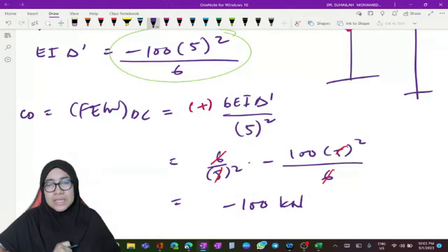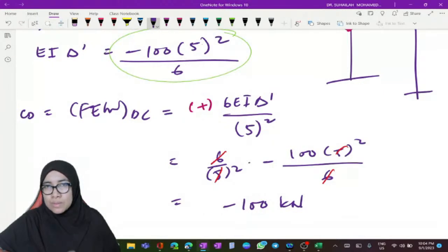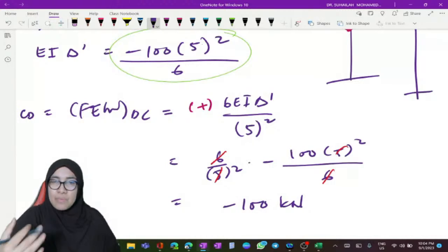Negative 100 kilonewton meter means that we have 4 fixed end moment values due to sidesway, and the 4 values are equal, negative 100, because it is influenced by whatever is given in the formula.